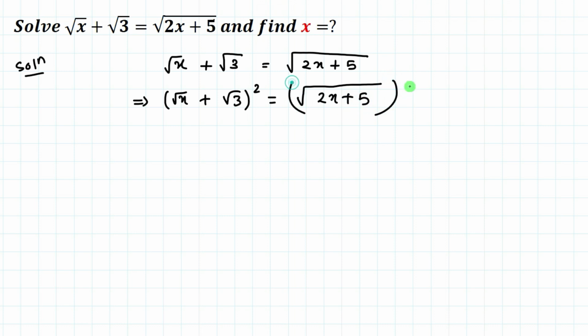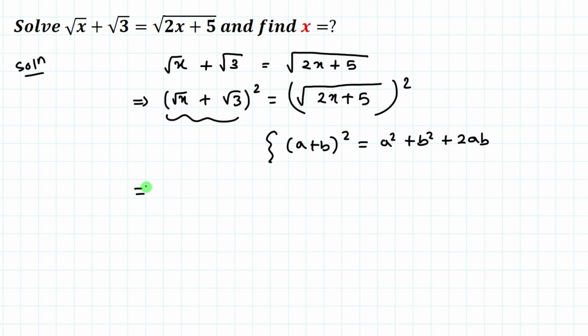For this term I will apply an algebraic identity, that is (a + b)², which equals a² + b² + 2ab, by considering a as √x and b as √3.